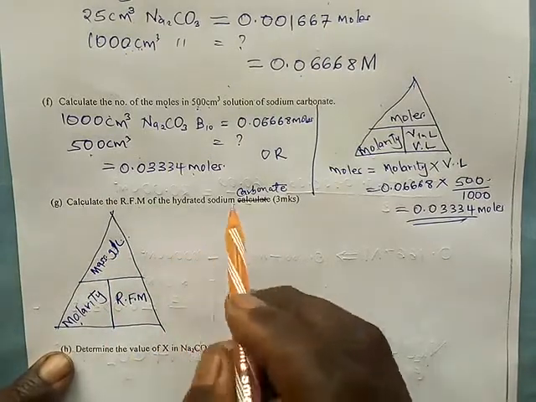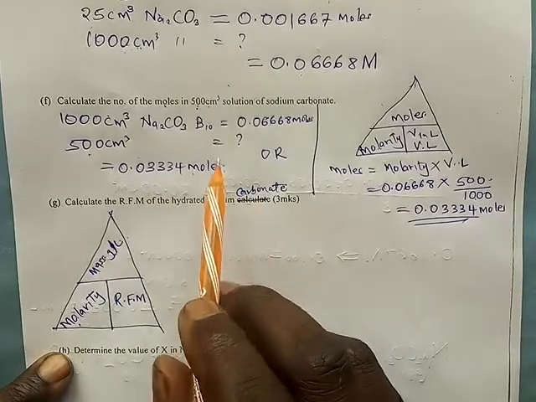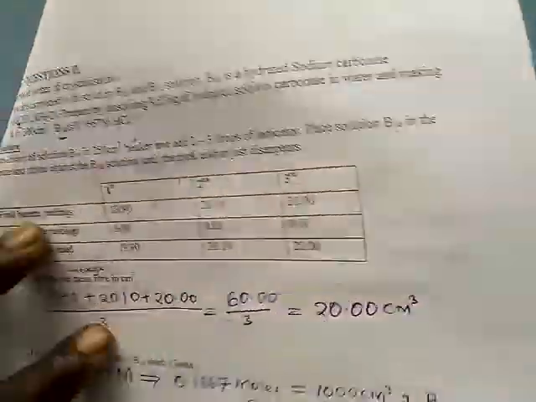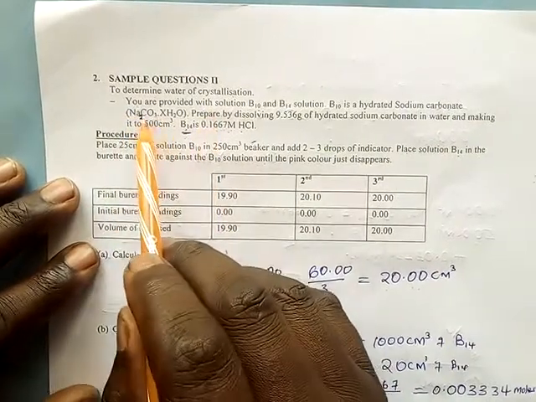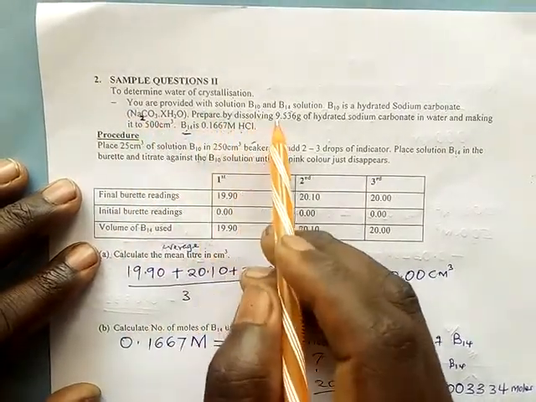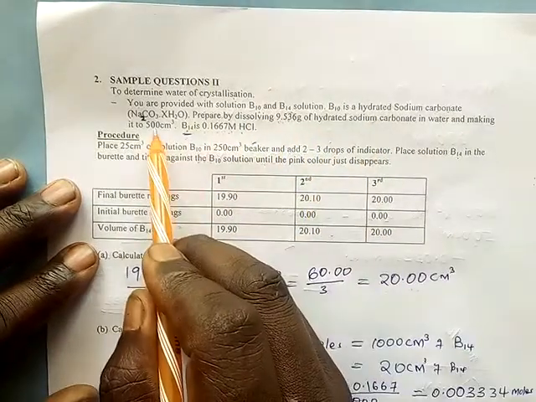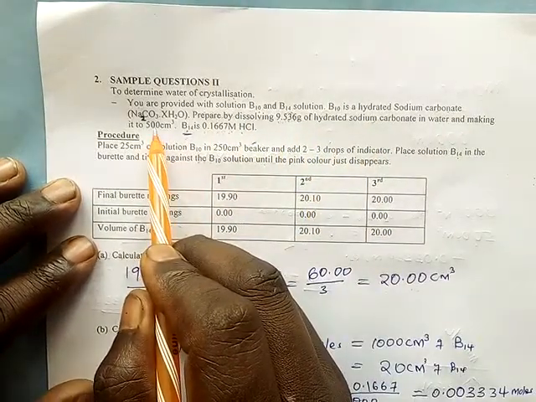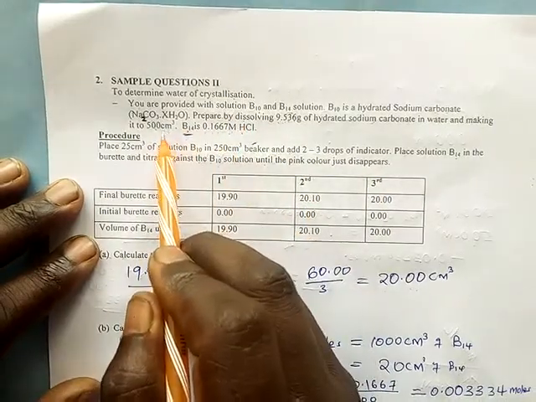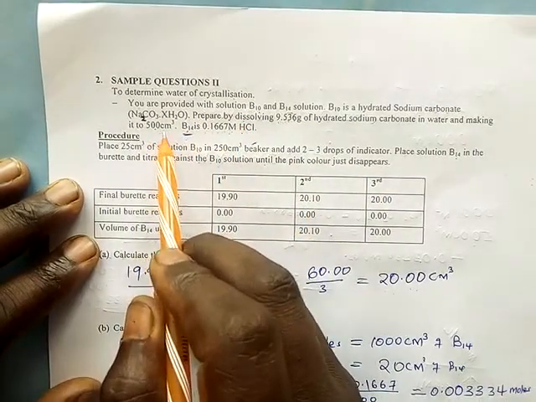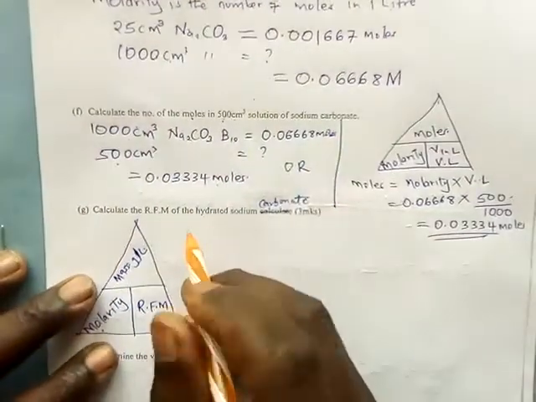But now, what we have is the mass of sodium carbonate in 500. You come back here. Look here, this carbonate was prepared by dissolving 9.536 in 500. So that is not the mass in grams per liter, that is the mass in 500. So we can get the mass in 1 liter. That is the first task.